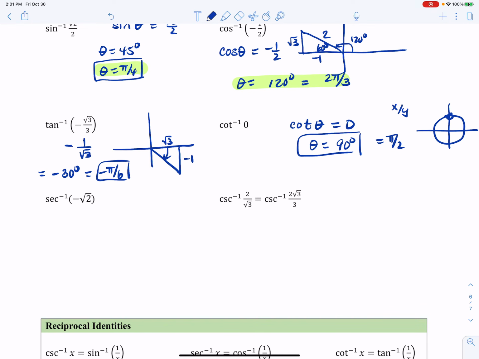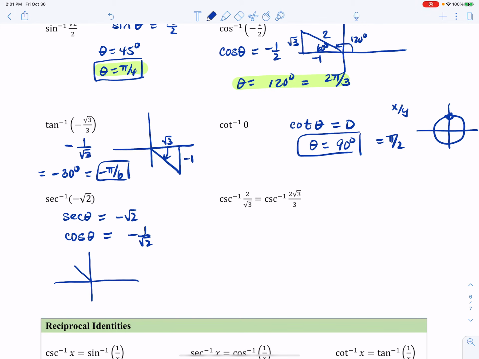Secant inverse of negative root 2, well, let's just follow on the line here. So we have secant of theta is negative root 2, which means I'm going to write it in terms of its reciprocal function, which is cosine. Cosine is the reciprocal of that, which is negative 1 over root 2. And now, keeping in mind the quadrants, that has to be either quadrant 1 or 2.